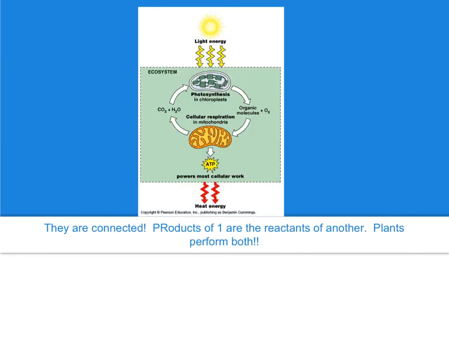If you haven't noticed yet, these two processes are connected. Photosynthesis produces our organic molecules, or glucose, the sugar, and oxygen so that we can use it and give back carbon dioxide and water. Plants also, when we get to photosynthesis, do cellular respiration themselves. They basically eat their own food that they produce.